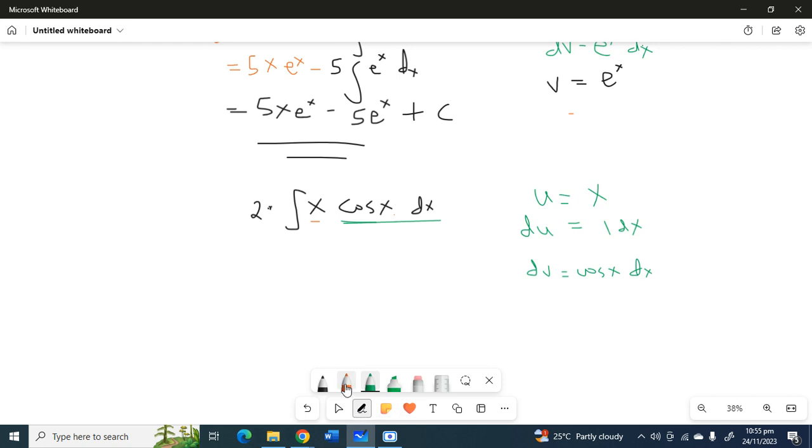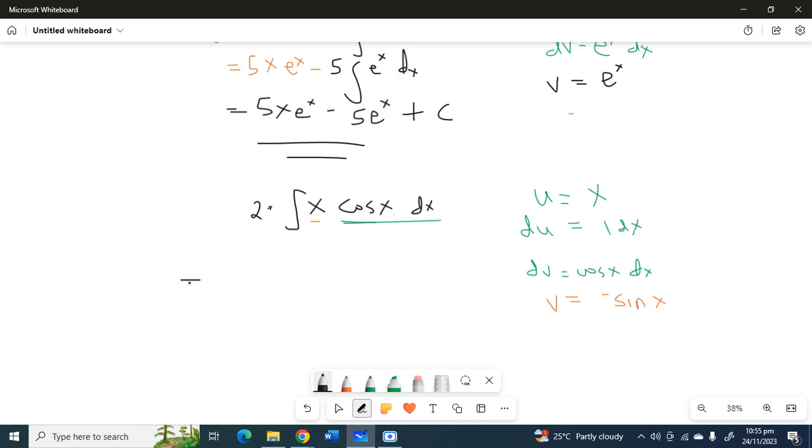If we integrate cos x, so say v, the integral of cos x is negative sine x. So we have our u, v, and our du. So we can substitute.